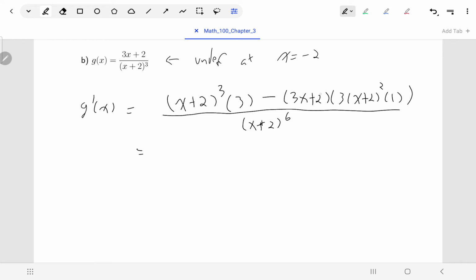I notice I have a 3 that I can factor out of both terms, and x plus 2 squared that I can factor out of both terms. That leaves in the first term just a single x plus 2, and in the last term, I have just the 3x plus 2 left behind.